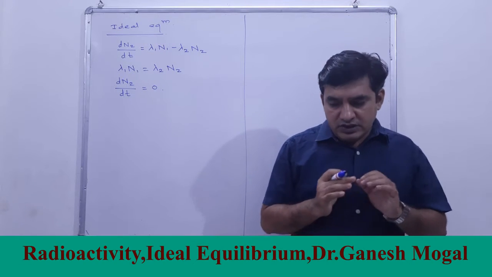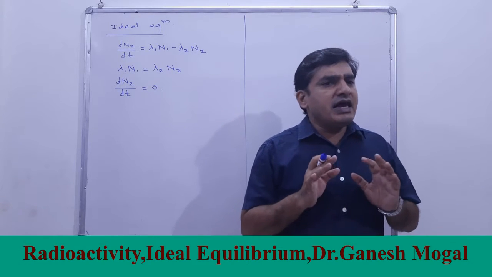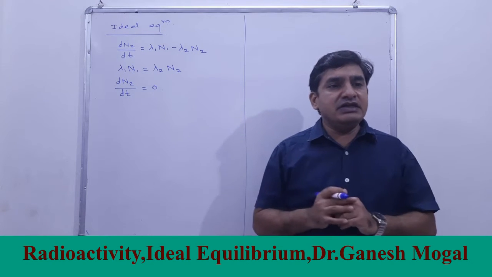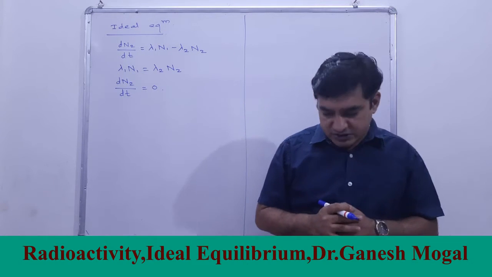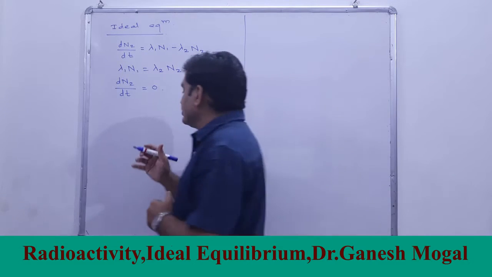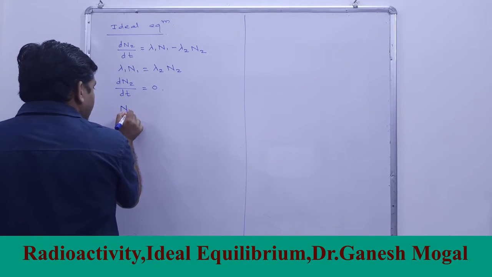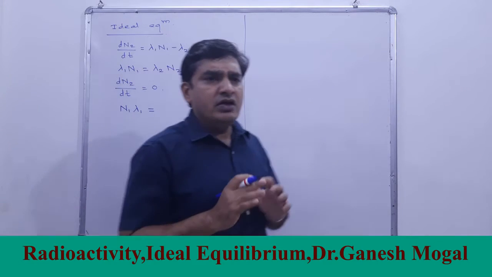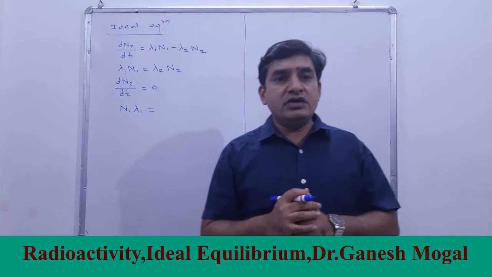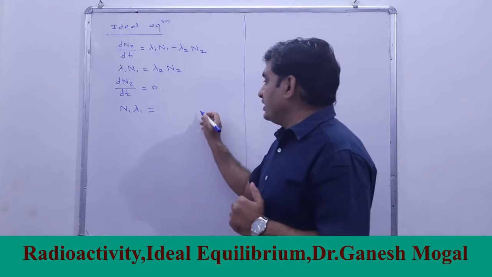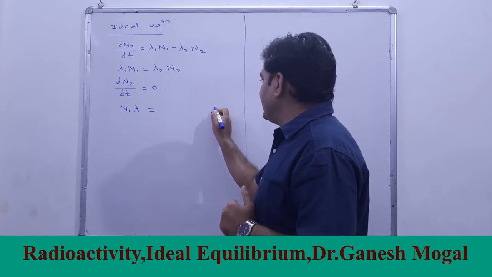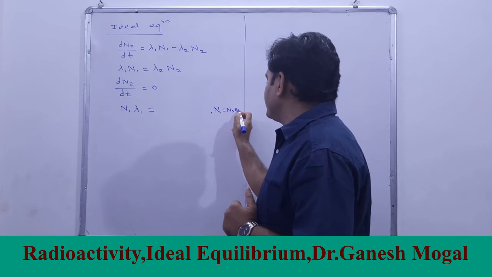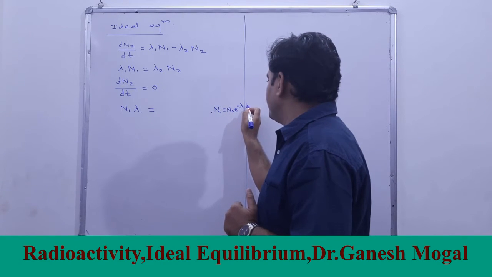Now, lambda 1 N1 is the activity of a parent. We know that according to the law of radioactive decay, N1 is equal to N0 e raised to minus lambda 1 t.